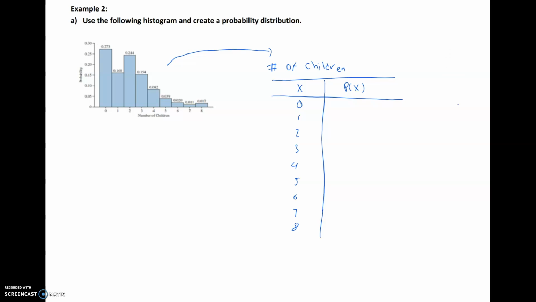So for the first one, it's going to be 0.273, followed by 0.160, 0.244, 0.154, 0.082, 0.039, 0.020, 0.011, and then 0.017. That's actually it for the probability distribution.